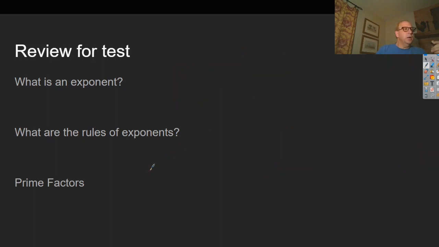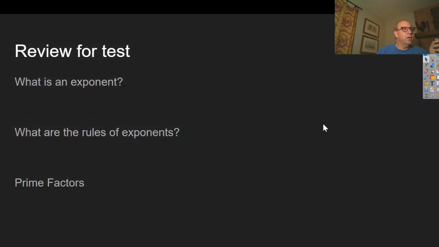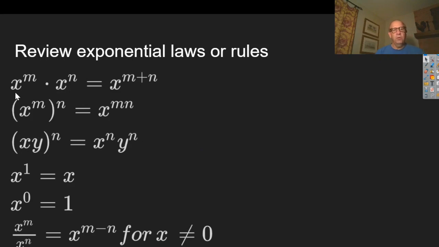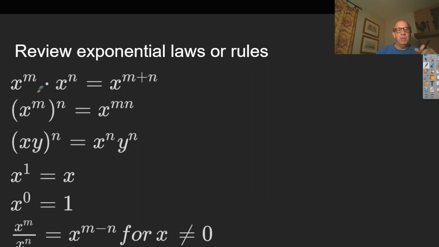All right, and I'm going to go over the rules of exponents, then I'm going to give you some problems to work on your own in Go Formative. Okay, so the rules of exponents. Our first rule is if I have two exponents with the same base being multiplied, then I add the powers. If I have an exponent raised to a power, then I'm going to multiply the powers. Two numbers being multiplied and raised to a power, raise each number individually. That's two numbers being multiplied, not added.